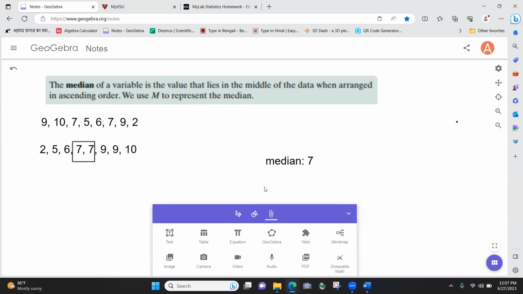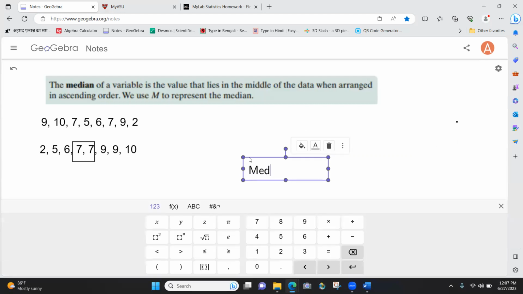If the data set has an even number of data points, you will take the 2 middle numbers and find the arithmetic mean of those 2 numbers. So your median will be 7 plus 7 divided by 2, which turns out to be 7.